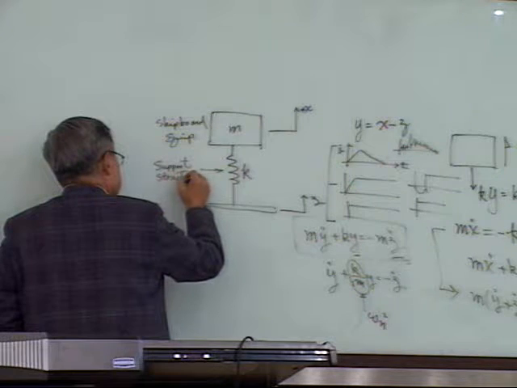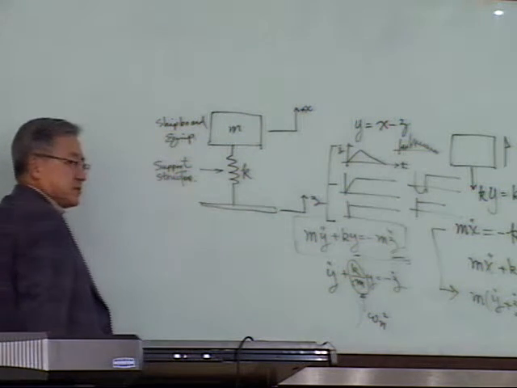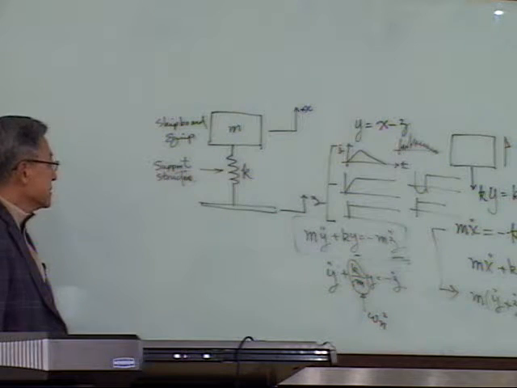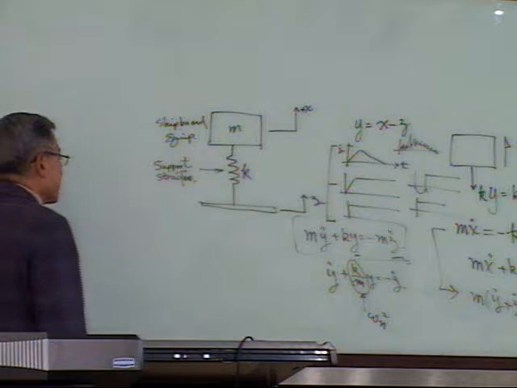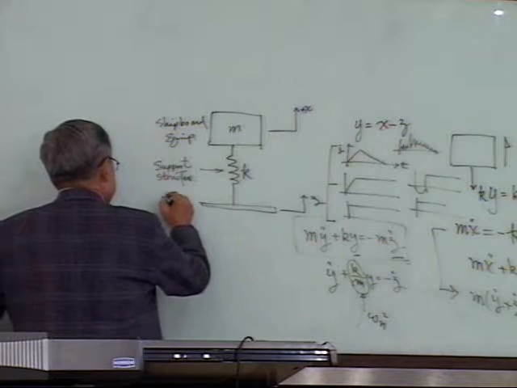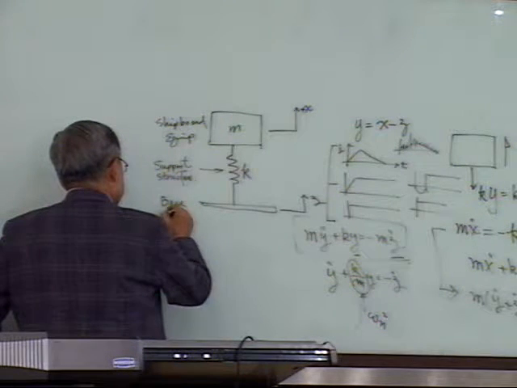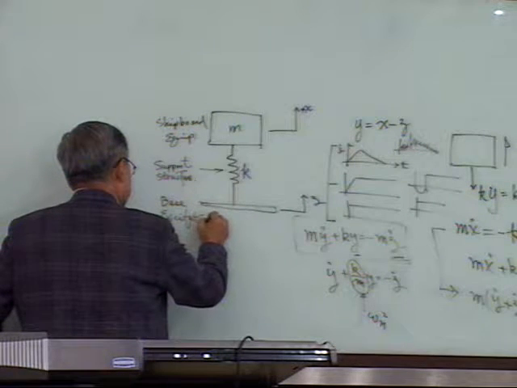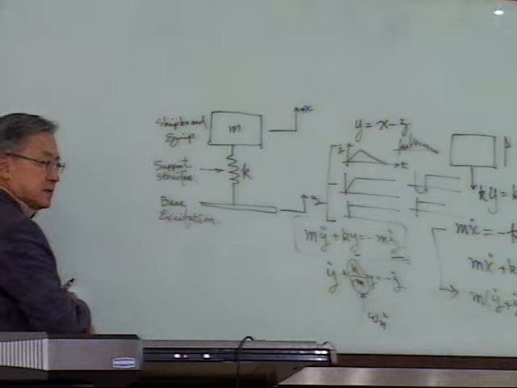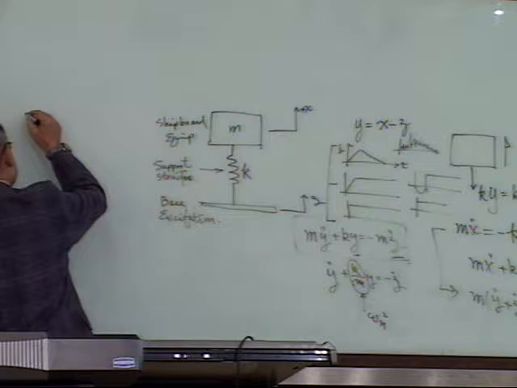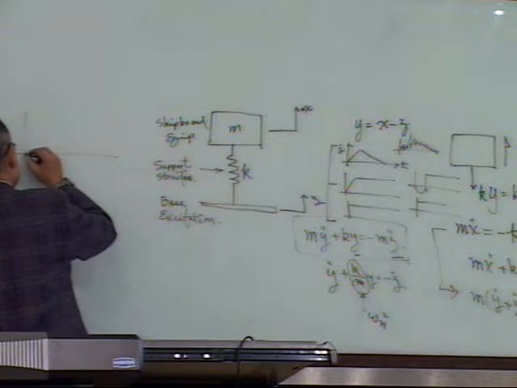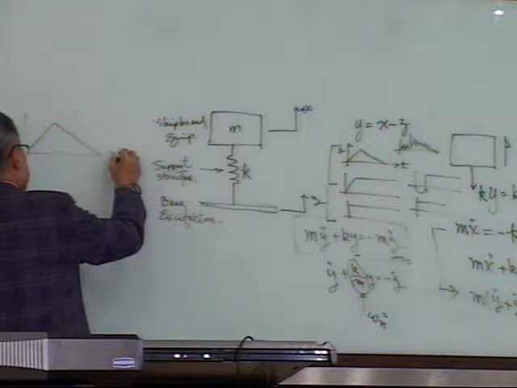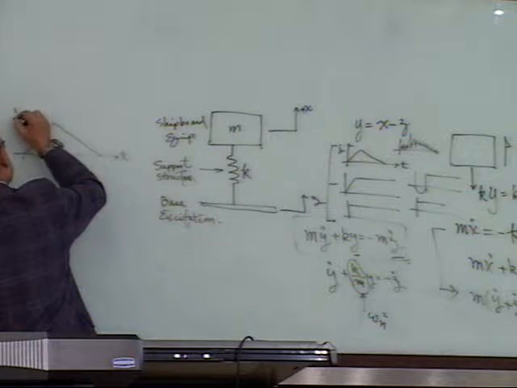When you say structure, then you can convert into the spring stiffness of the system. And this is a base excitation. Simplest model. This base excitation, I'm talking since yesterday, like a triangular pulse. This is time. This is Z dot.